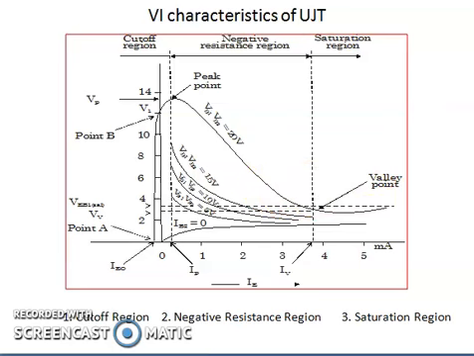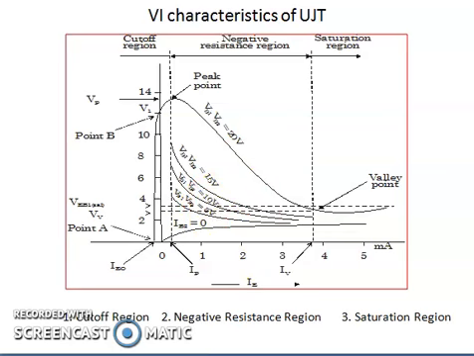Another important thing to note from the graph is that normally we take the voltage on the x-axis and the current on the y-axis, but here the current is on the x-axis and the voltage is on the y-axis. This characteristic curve is drawn by taking different base-to-base voltages, like 20 volts, 15 volts, and so on.